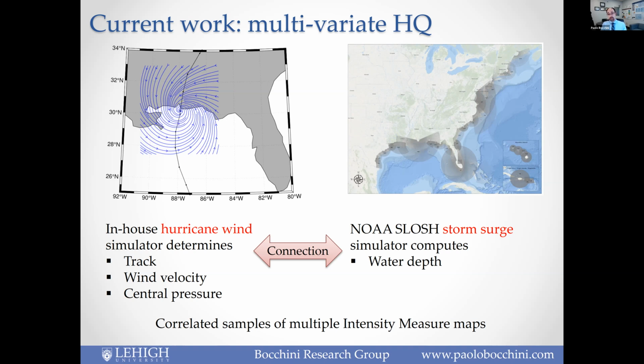And so we will have samples that are a pair of wind intensity maps and flood intensity maps, and we're doing a quantization on both. Two weeks ago, we completed the proof that the optimality transfers very elegantly also to the case of multivariate functions. And now we are in the process of combining these two with some help from NOAA to test it for multi-hazard analysis.